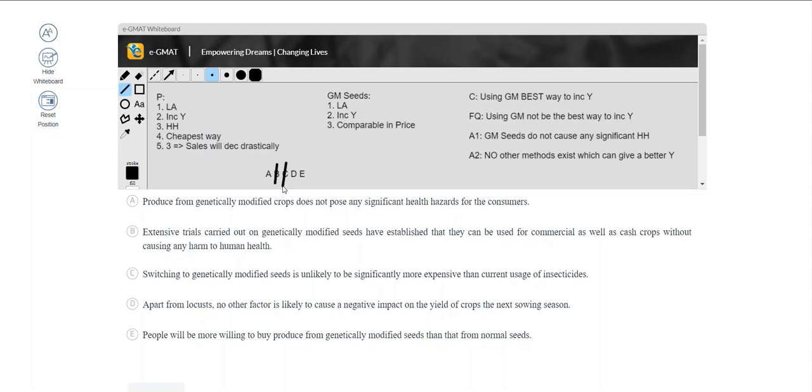Even if I negate this, the conclusion may still hold true, and that is why option D is also not the correct option. So even if there is some other factor apart from locusts that can have a negative impact on yield, it could still be true that GM seeds are the best way to increase the yield. It's not a must be true condition. It's a strengthener, but not an assumption. So option D, we can reject on these grounds.